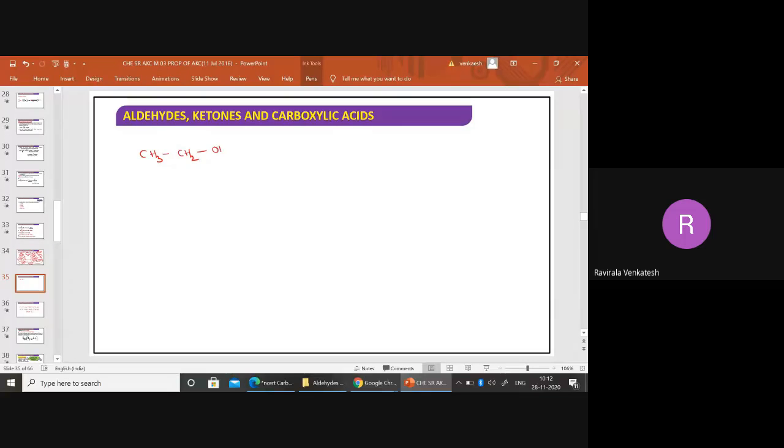It is ethyl alcohol or ethanol. Now, this is also giving the iodoform test, even though it is not a carbonyl compound. Why? Because what is the iodoform reagent? I2 in the presence of a base. You take any base. Base is nothing but OH minus or KOH, whatever you can take.